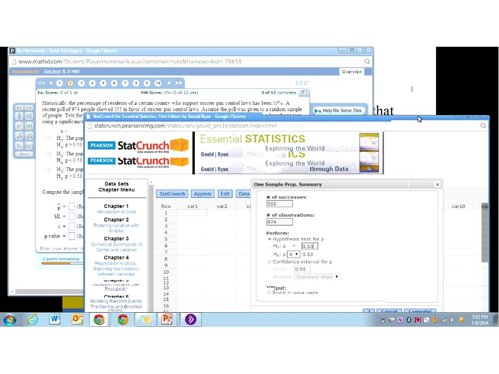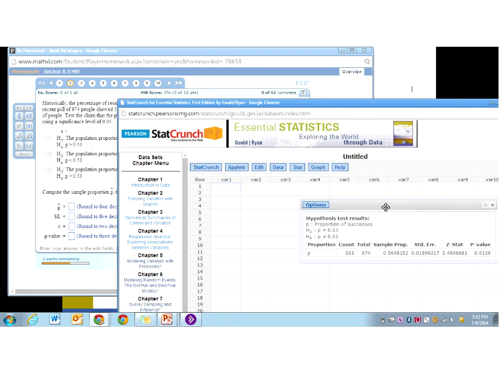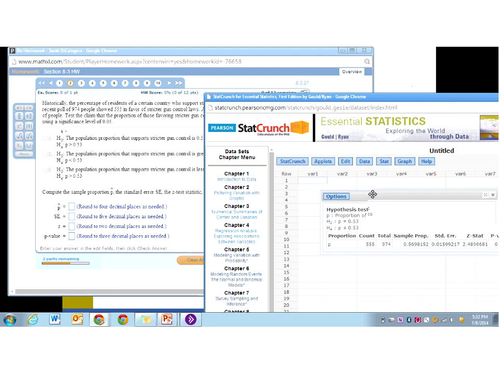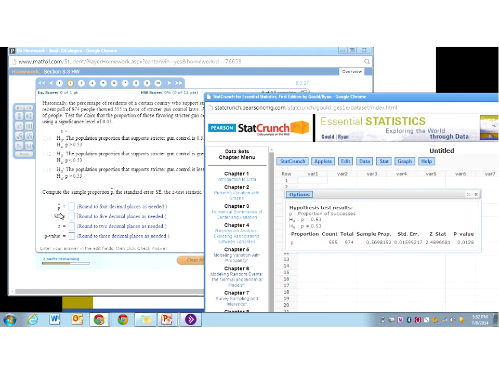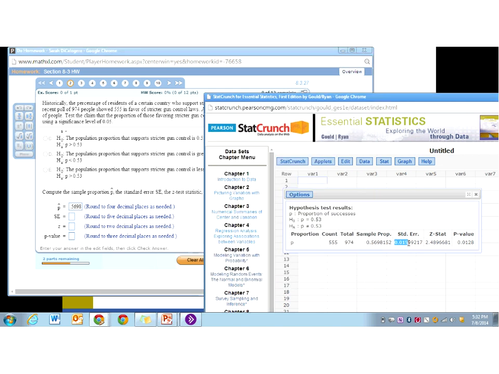I'm trying to split my screens a little bit. It doesn't always let me do that in StatCrunch. All right, I'm going to hit compute, and there are my numbers. Let's pull this over so it's easy to see. My sample proportion, 4 decimal places, 0.5698. My standard error comes right from here, 5 decimal places.